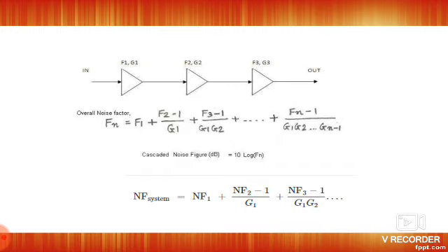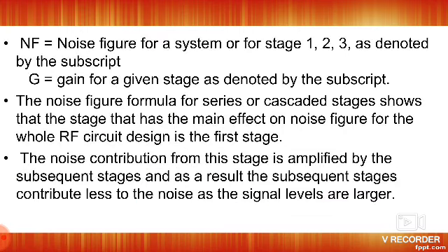The overall noise factor Fn is equal to F1 plus (F2 minus 1) divided by G1, plus (F3 minus 1) divided by G1 G2, and so on, up to (Fn minus 1) divided by G1 G2 up to G(n minus 1). That is the overall noise factor of the system.